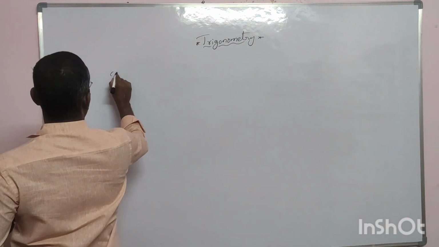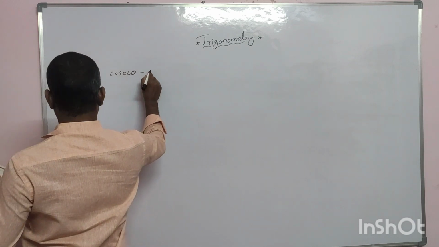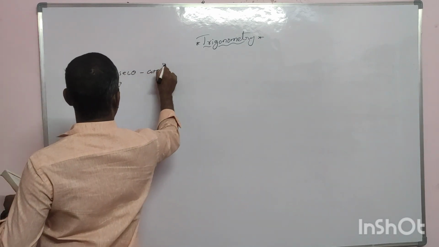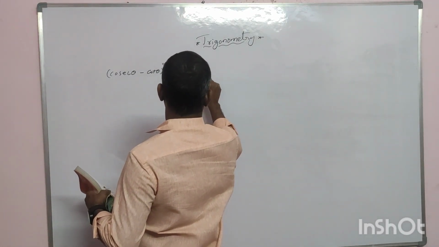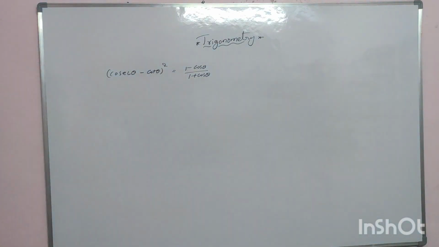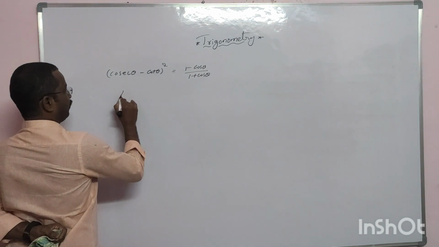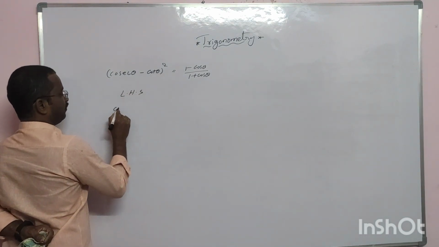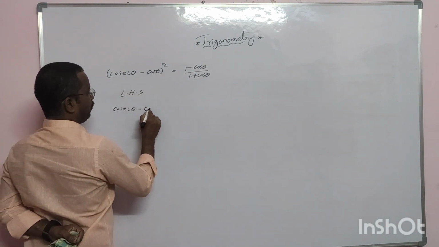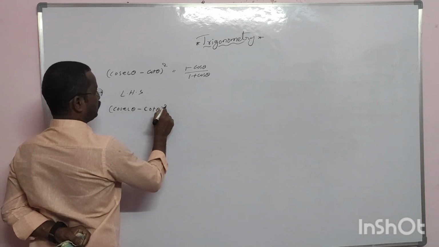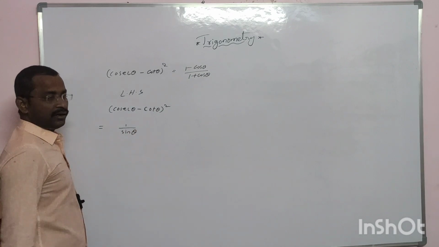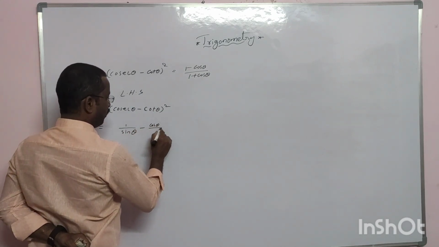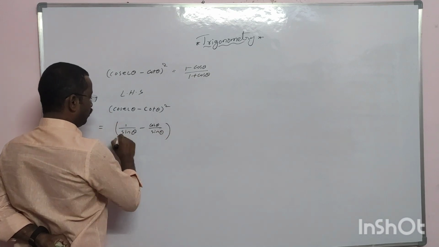Show that cosec theta minus cot theta whole square is equal to 1 minus cos theta by 1 plus cos theta. This is what he is asking to prove. What will we do? Take the LHS part. What is LHS? Cosec theta minus cot theta whole square. Cosec theta means what? 1 by sin theta. Cot theta means cos theta by sin theta, whole square.